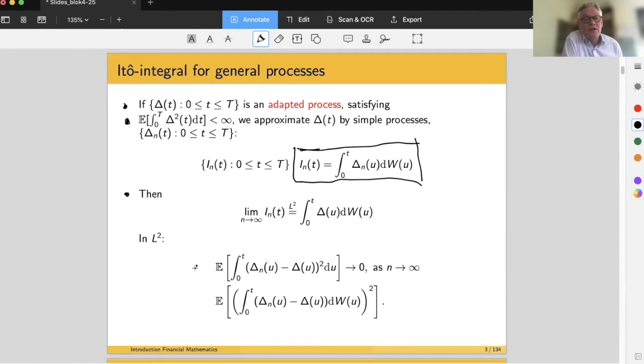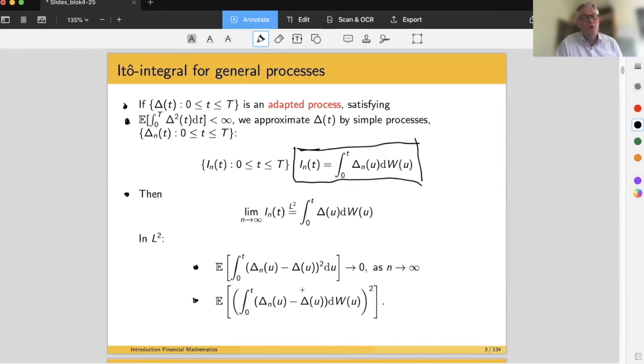Recall convergence in L2: the expectation of the squared distance between I_n and I goes to 0 when n goes to infinity. Essentially that basically means that the expectation of the integral from 0 to t of Delta_n(u) minus Delta(u) dW_u, squared, converges.